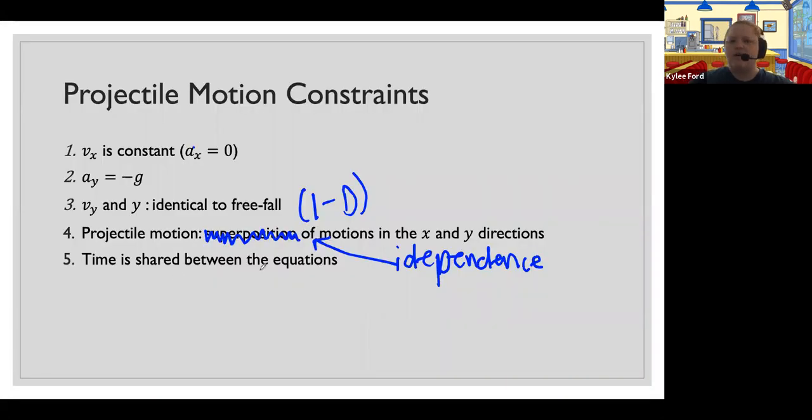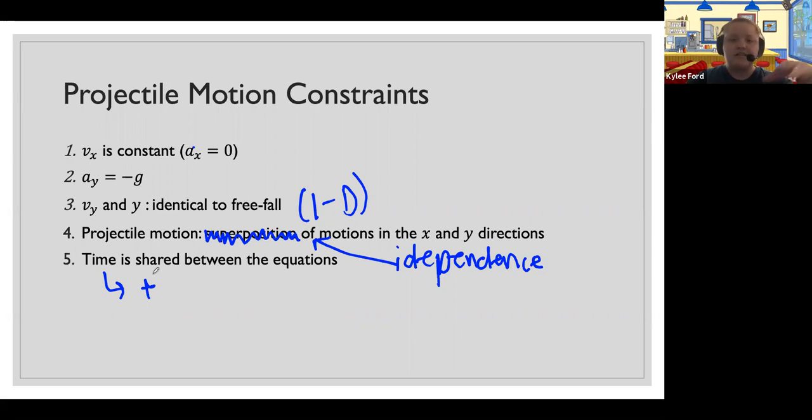So there's no time in the x direction or time in the y direction. That doesn't make any sense, right? There's just time. And until we can have a time machine that takes us back in time, there's no negative time. So time is shared between the equations, and it's positive. If you ever are trying to solve an equation and you get a negative and a positive value for time, know that the negative value goes out the window.